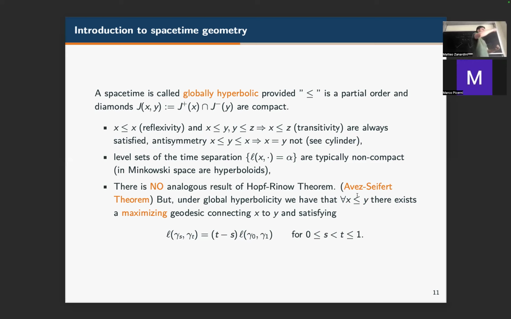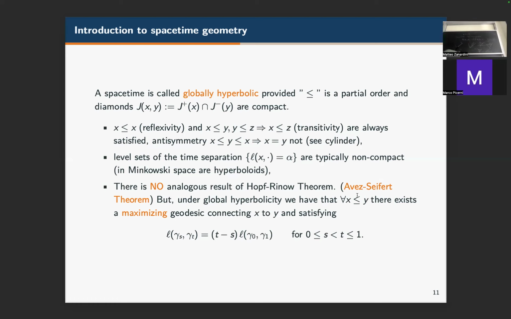And so you cannot have causal loops. Also reflexivity is triggered, right? Because you can always put the constant curve in x, and this is causal because the tangent vector is the zero vector, which has zero scalar product with itself with respect to this metric. Okay, this is the first condition, and the second condition is that the diamonds are compact.